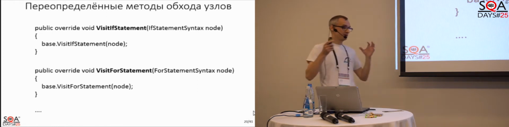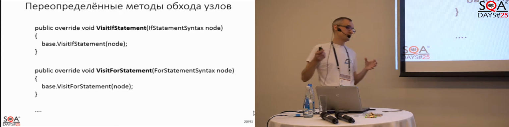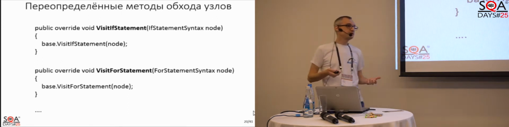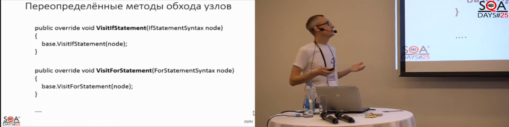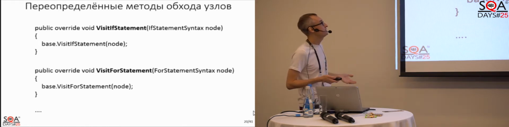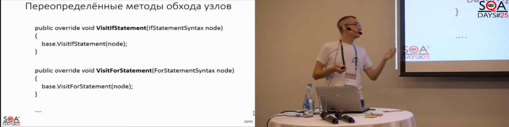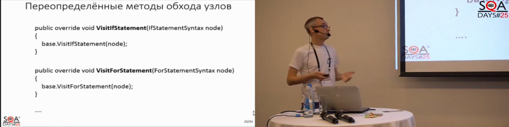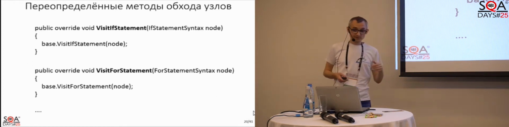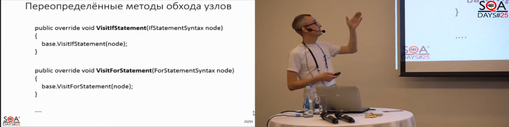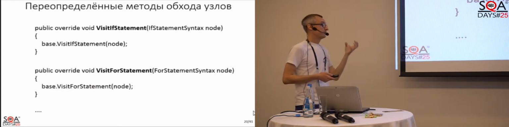How does it work? You have a tree and you have blocks: if, for, switch, and so on. When you write a diagnostics report, you know what you're doing. For example, you need to check all the ifs. There's a special overload method called visit if statement. If you overload these methods and use your own implementation, when you call this visit, you will always get into this.